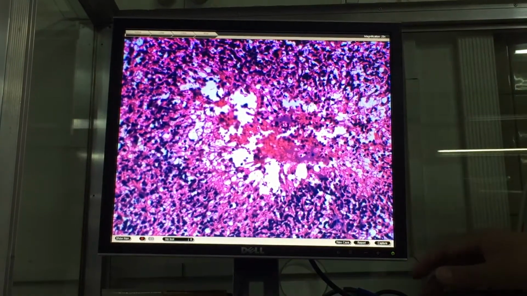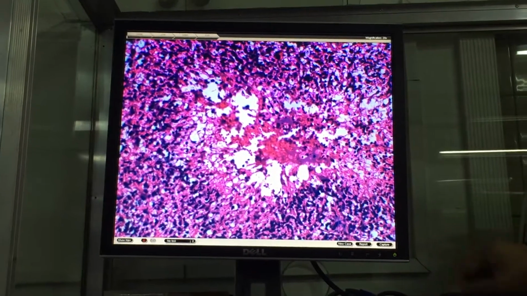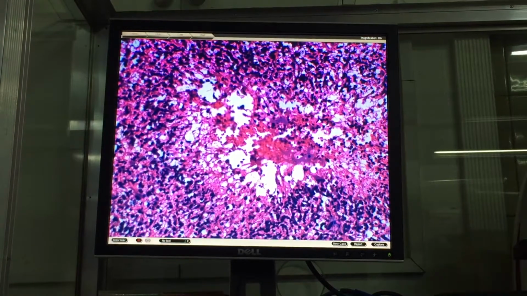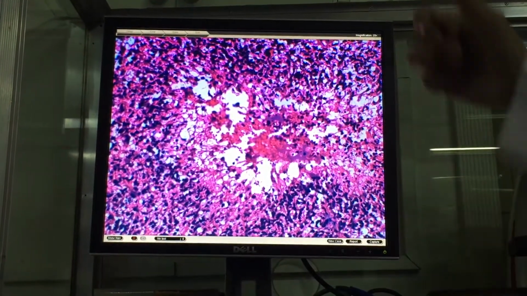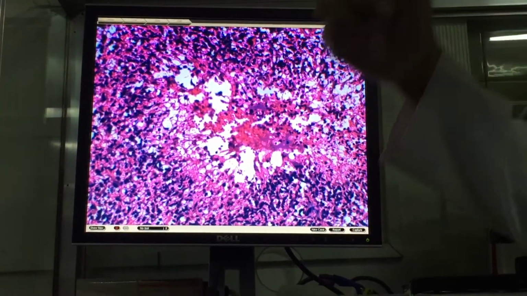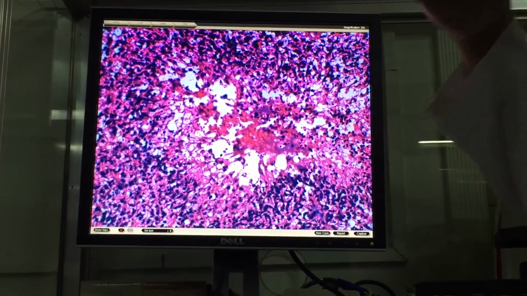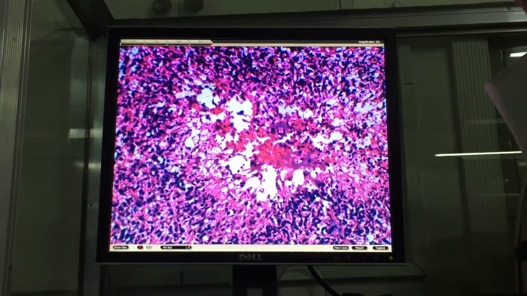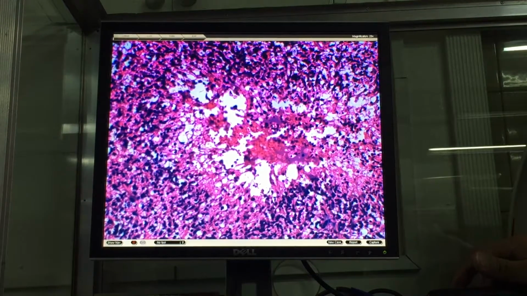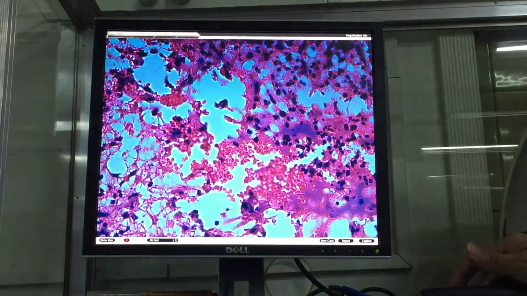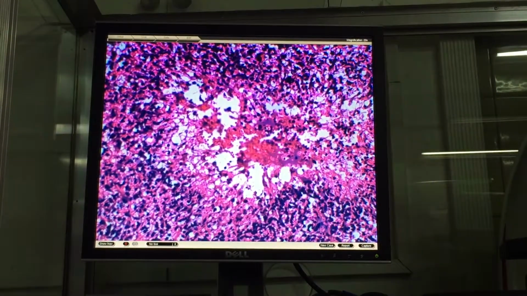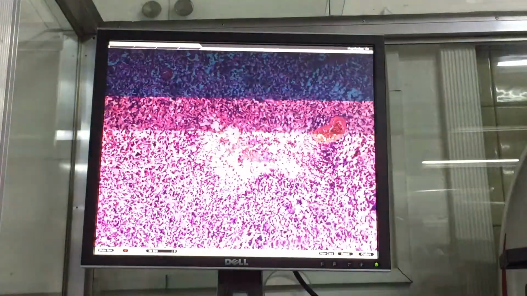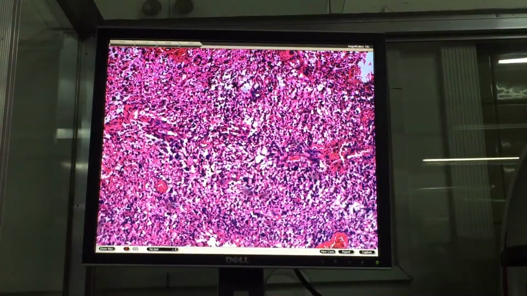Now you have an idea what this is? The brain, what? Glioblastoma multiforme. The components of glioblastoma multiforme: pleomorphic, highly anaplastic malignant cells, necrosis, and endothelial cell proliferation. You see numerous blood vessels proliferating.